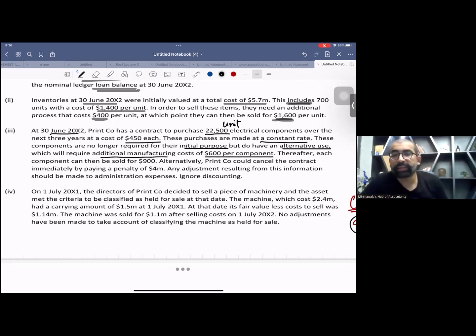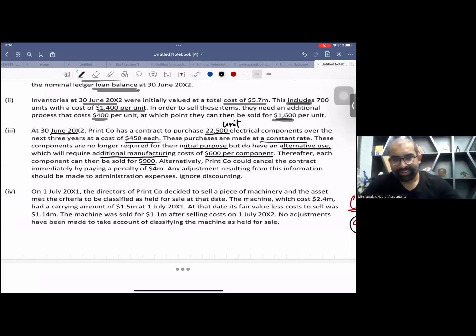So the costing has changed: 450 original plus 600, 1050. Use your calculator. Now your per unit cost went to 1050.